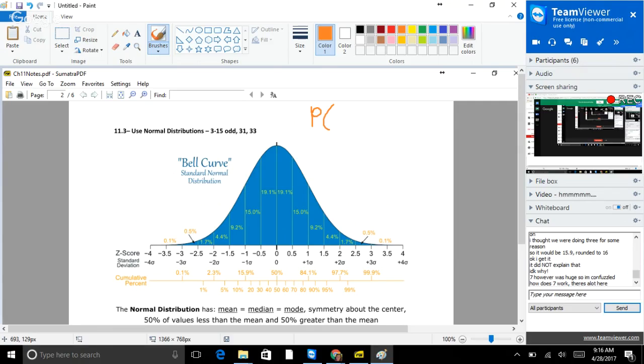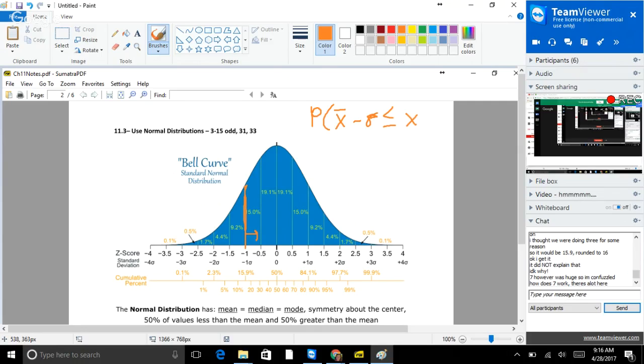Probability, we've got x minus 1 standard deviation. So first of all, we want to know, what is the probability that x is greater than the average minus 1 standard deviation? So we're saying that x is bigger than this, right?